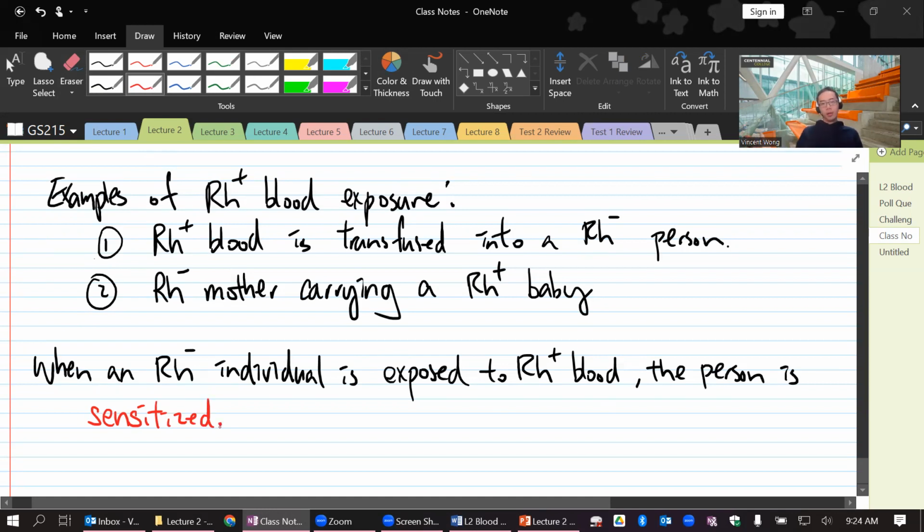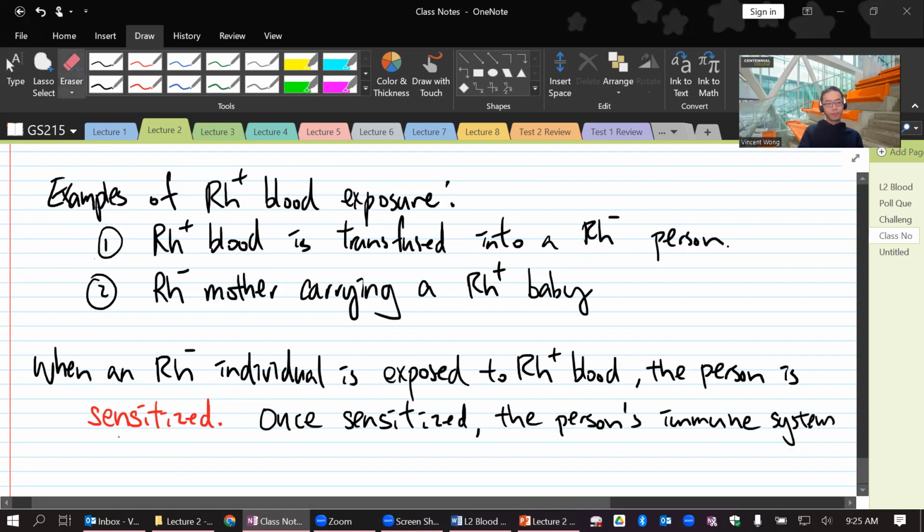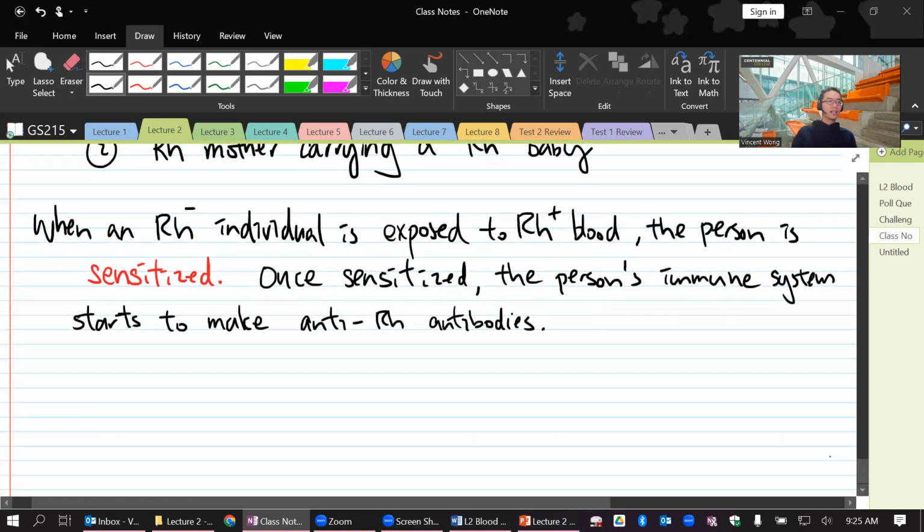So that's like when you're exposing the negative person to positive blood. Now, what does it mean? Once sensitized, the person's immune system starts to make anti-Rh antibodies. Okay, so that's what sensitization means.